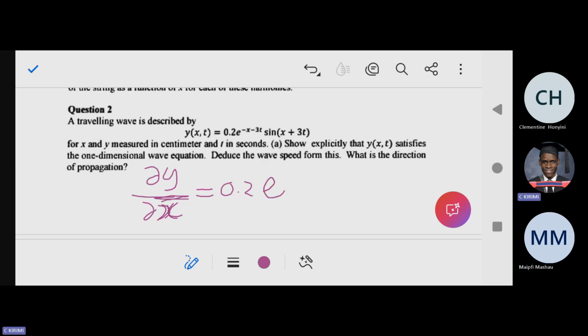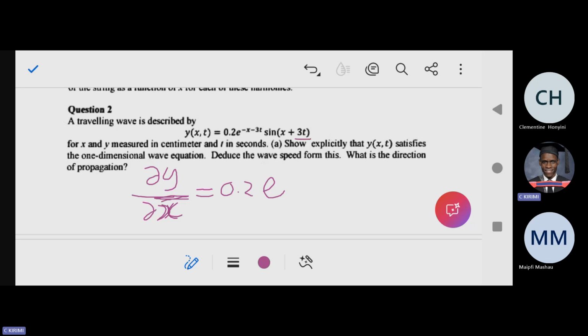Remember we said a constant is what? T is a constant. So that negative x is going to be 1, and we are left with negative 3t.